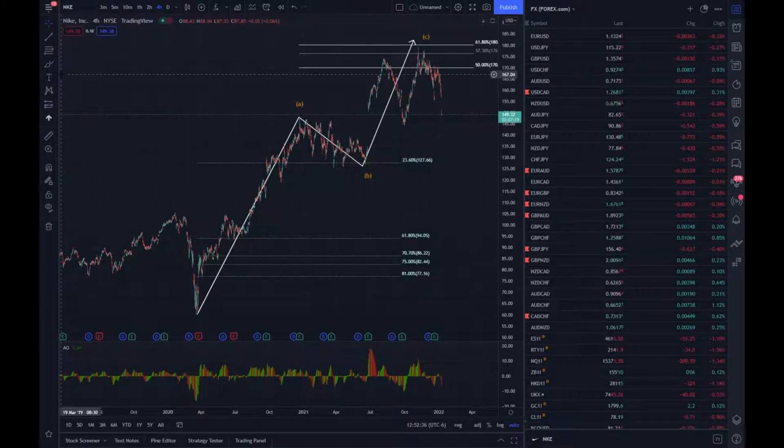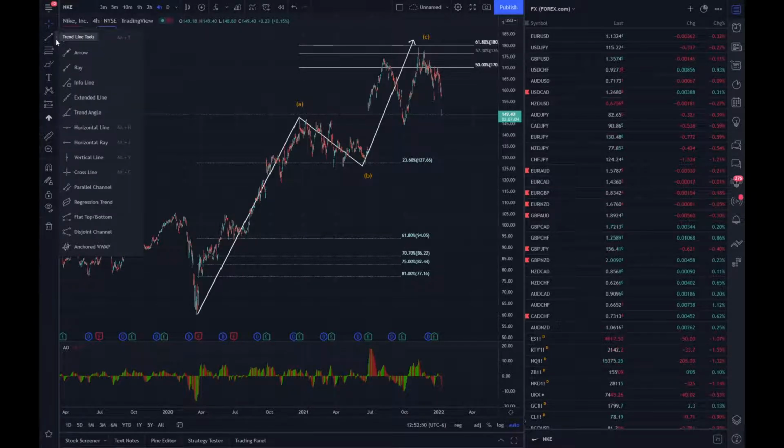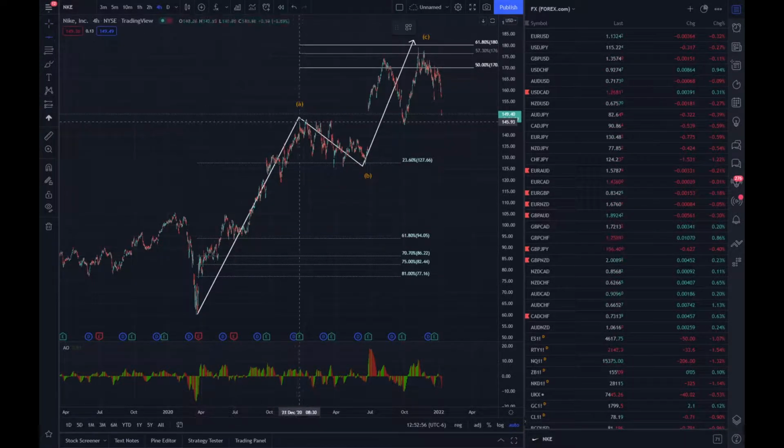So one of the things to note, whether you know for sure or you feel confident about it, is that once you find a significant high in a market, one of the easiest ways to mark a potential resistance that may turn into support later is to simply put a horizontal line at the peak.